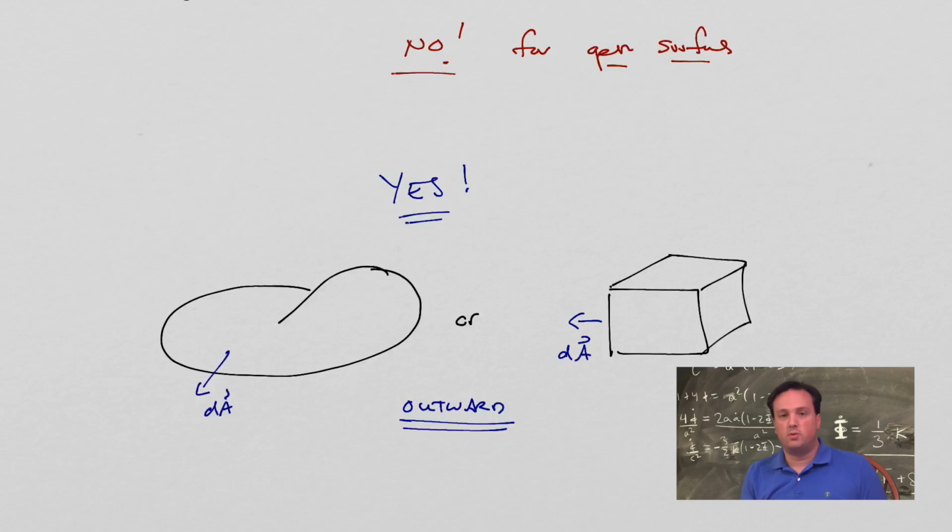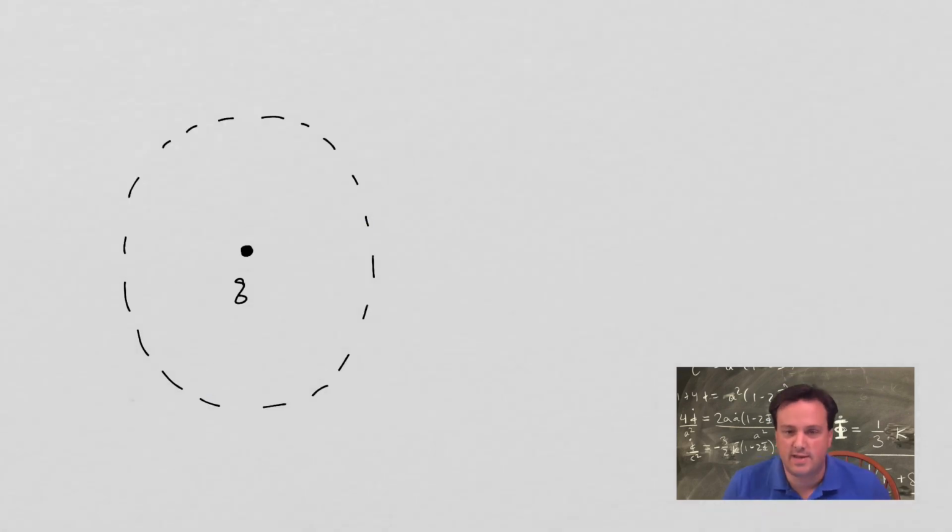And that's really important, that if I have a closed surface, then I no longer have the luxury of being free to say which way the area vector points. If I have a closed surface, I have a defined inside and I have a defined outside. And the mathematical formalism that we have defines the area vector to be the outward pointing normal to the surface at any point.